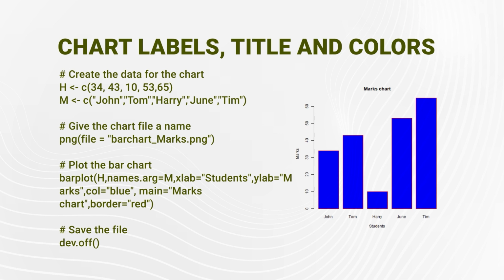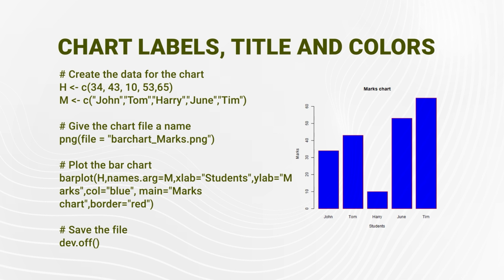And main, you can give the title of the chart as marks chart. And if you look clearly, the border of every bar is red, so you can also give a border to it. Again, if you want to save this particular file, you simply write dev.off, and it will save the file into your current working directory.